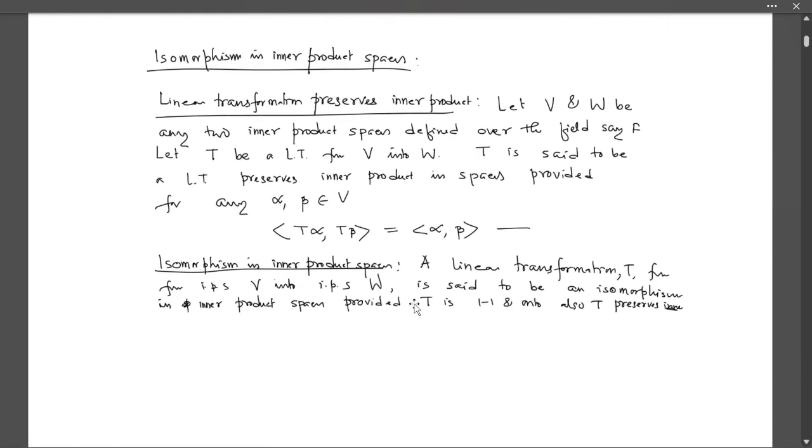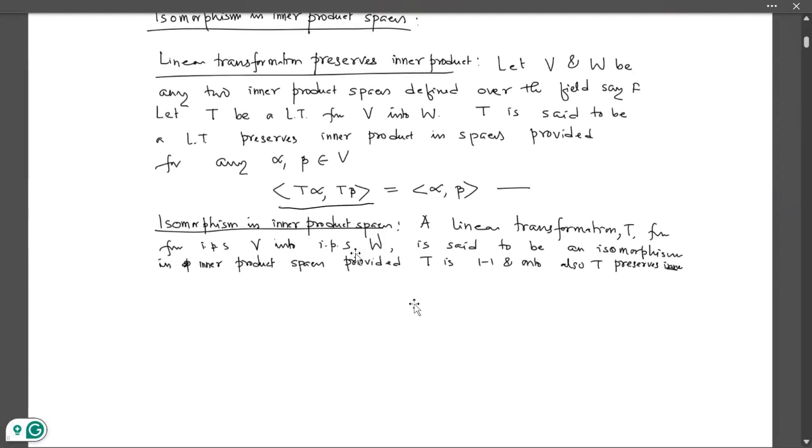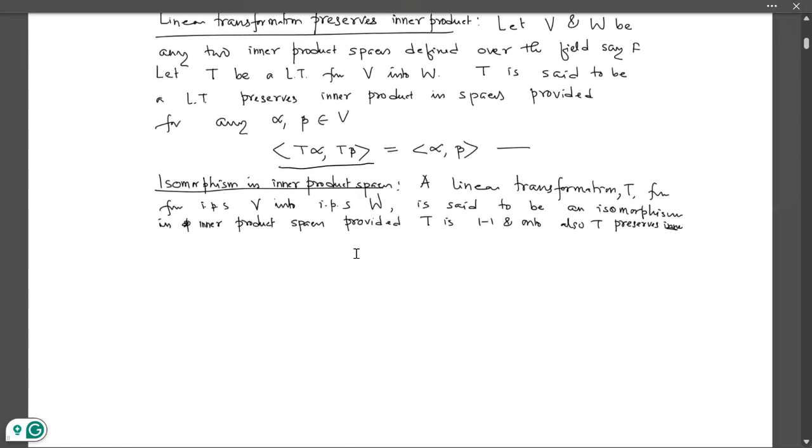Next we have isomorphism of inner product spaces. What is an isomorphism of inner product spaces? It is first of all an isomorphism, and it preserves the inner product. Preserving the inner product means this: if you apply T and then calculate the inner product of T alpha and T beta, it is the same as the inner product of alpha and beta. So this was the definition of isomorphism of inner product spaces.